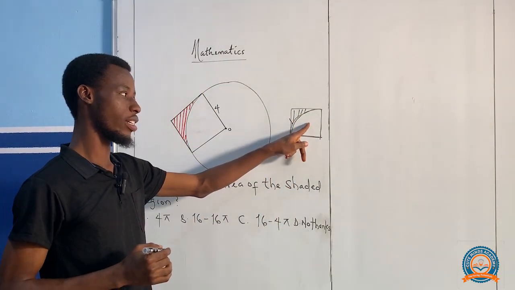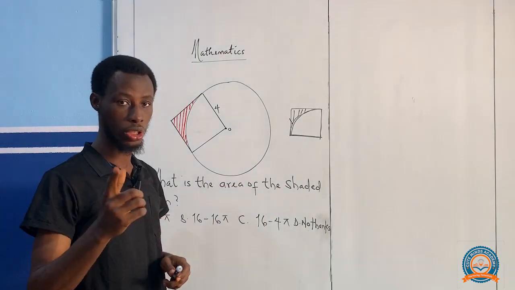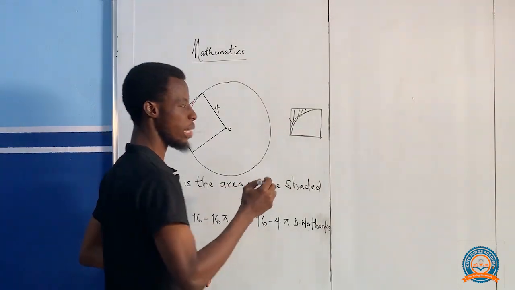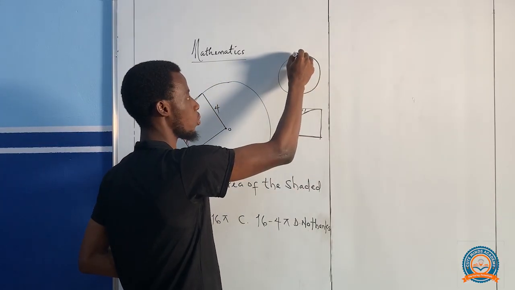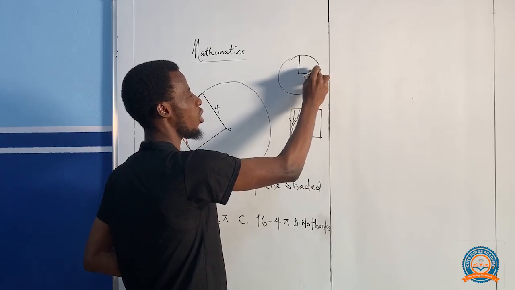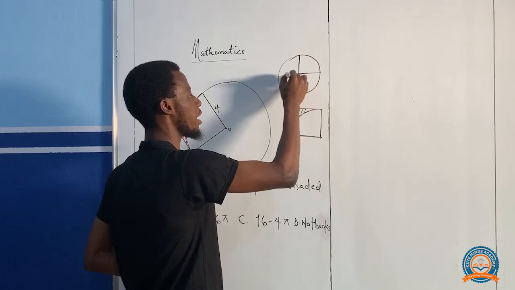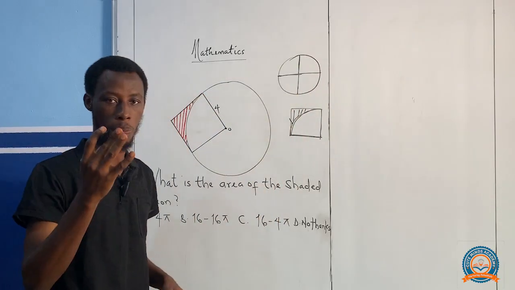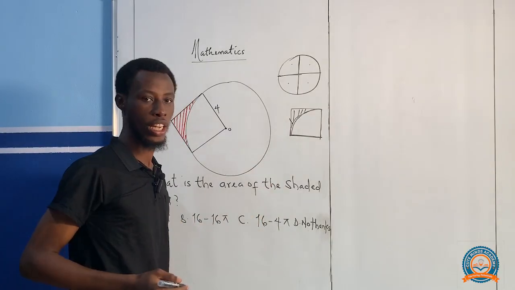And this part, if you observe closely, is what we call a quadrant. A quadrant is simply a portion or an area of a circle bounded by two radii, or say the portion of a circle when you divide a circle into 4 parts. So each part here is what we call a quadrant.